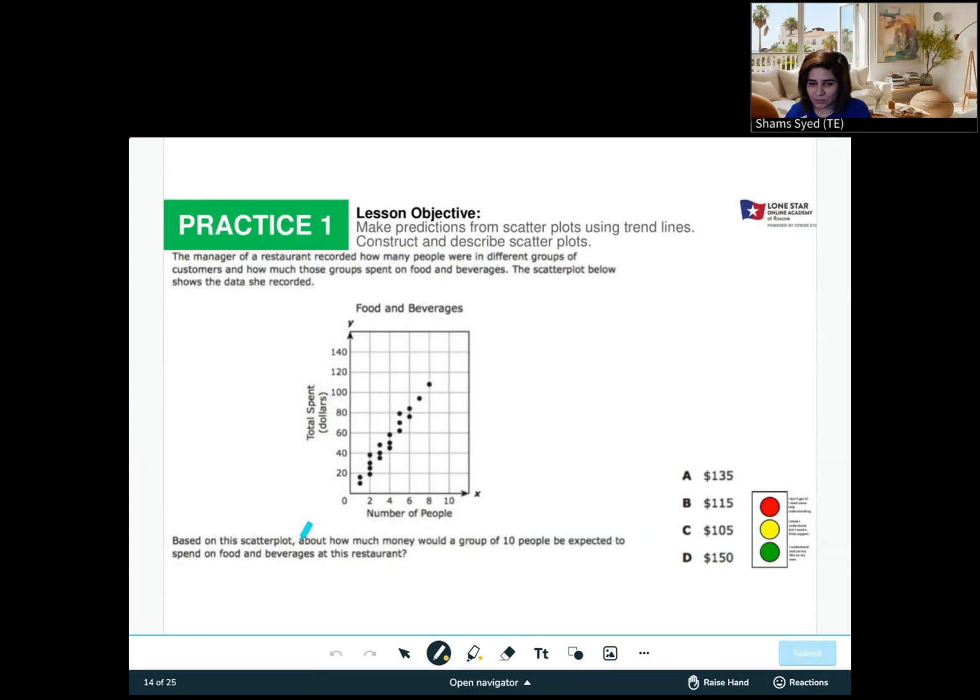Based on the scatter plot, about how much money would a group of 10 people be expected to spend on food and beverages at this restaurant? Make a prediction for 10 people. Your timer for 3 minutes starts now.